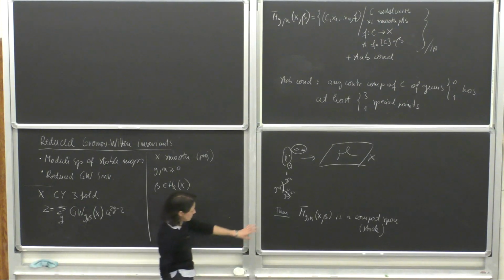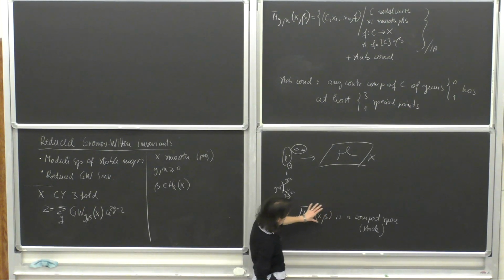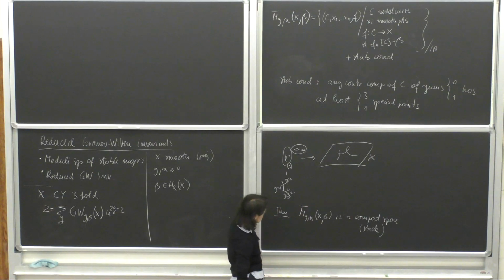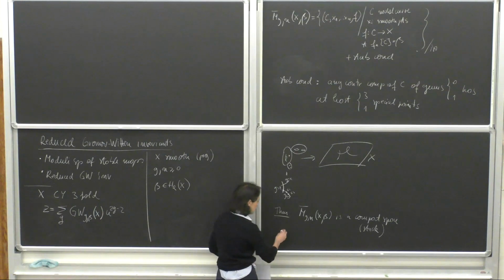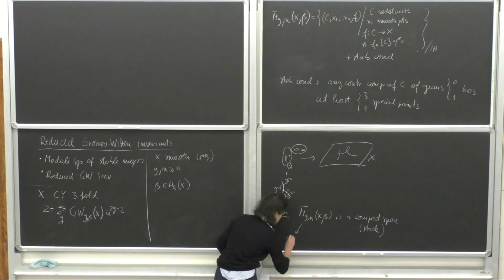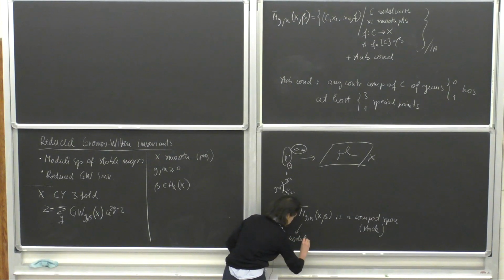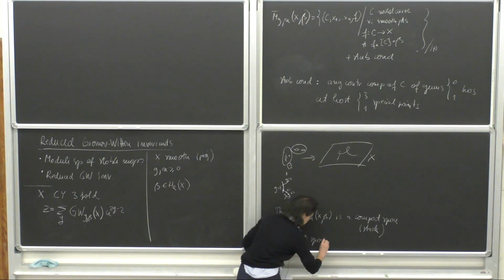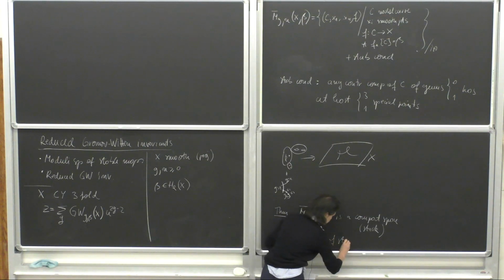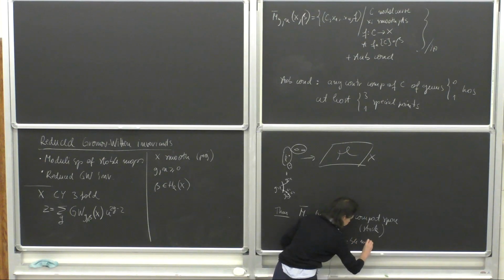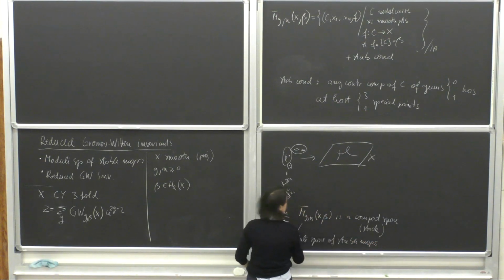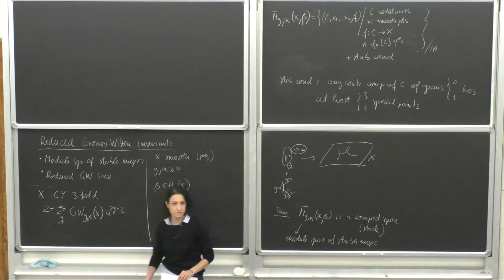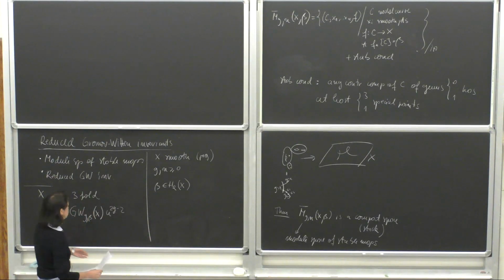This set has a lot of structure, and the space is called the moduli space of stable maps. Does it make sense? Okay.